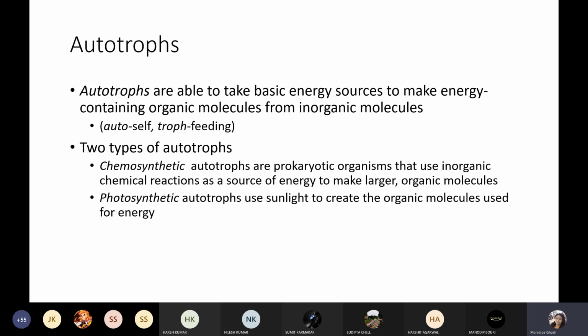When they take photons or light to fix natural compounds like nitrogen, carbon, sulfur for production of their own food, we call them autotrophs, and where they are just using chemicals, they are called chemoautotrophs. Now two types of autotrophs are there, chemosynthetic and photosynthetic.